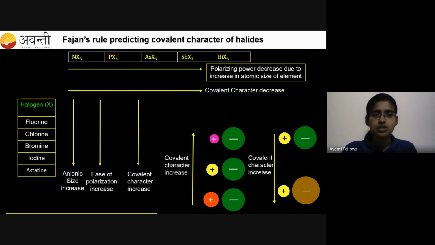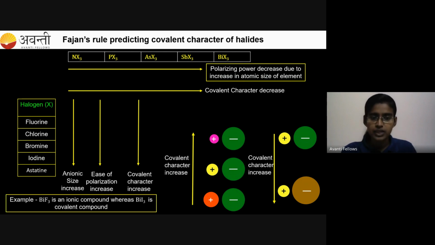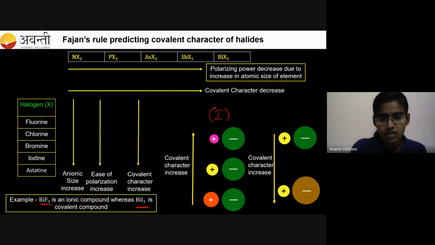Now from this, let me conclude one statement: BiF3 is an ionic compound, whereas BiI3 is a covalent compound. Here you see in both the compounds, bismuth is the same. Bismuth is the cation. So which case do we have to take? If this is case 1 and this is case 2, this particular system falls under case 2, because in both compounds bismuth is the cation and it is the same. The anion is differing: in the first case it is F minus, and in the second case it is I minus.